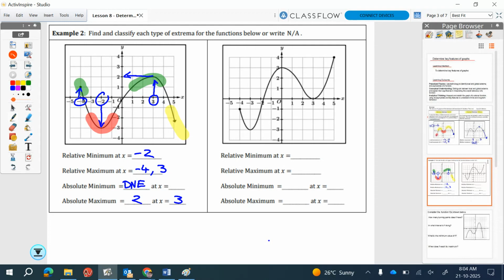So if we're talking about the end behaviors of this graph, at the left-hand side, the left-hand end behavior, we reach a maximum point here at x equals minus 4.